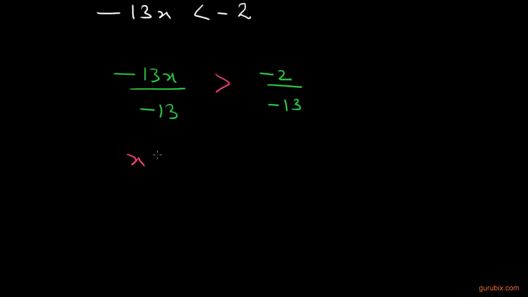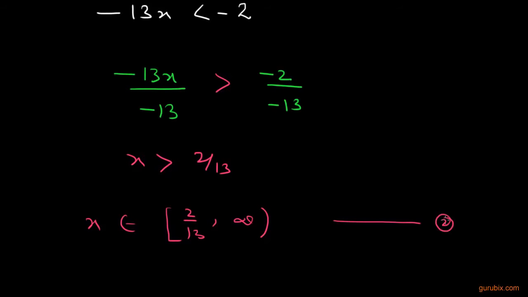Then x is greater than or equal to 2 over 13. So x belongs to the interval 2 over 13 to positive infinity, and this is our solution of the second inequation.